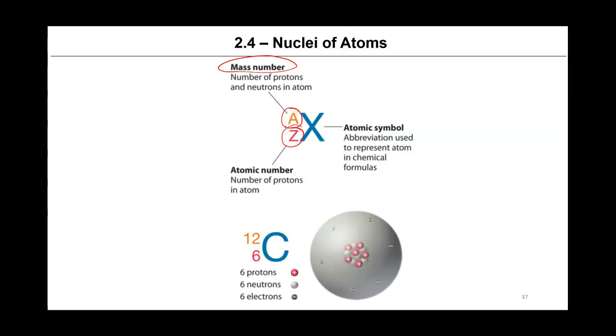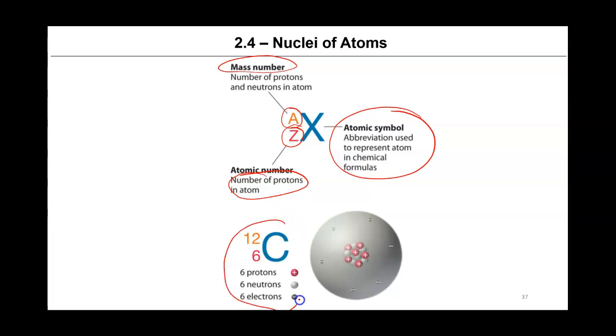Below and before the element symbol, we write the atomic number, which is the number of protons in an atom. The atomic number is the whole number that is listed in the periodic table. We follow that up with the atomic symbol, which you can find in the periodic table. It's going to be either 1 or 2 characters. The first character is always uppercase, and if there is a second character, it will be lowercase.